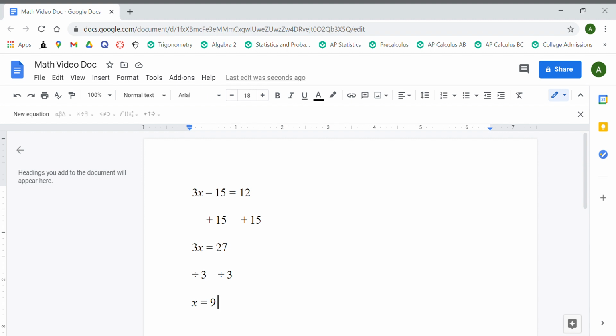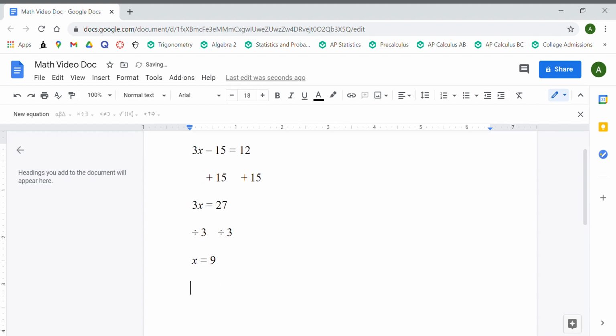Now remember what I said in the first video: always check your work. How do you do that? You simply take the original equation, 3x minus 15 equals 12, substitute your solution for x, and then evaluate. So we have 3 times, substituting 9 for x because that's what we got for our answer, minus 15.